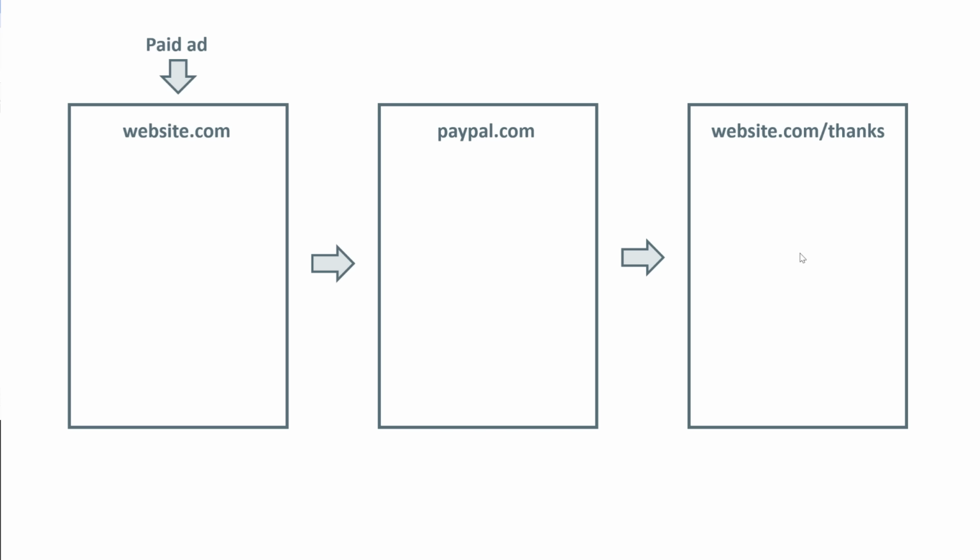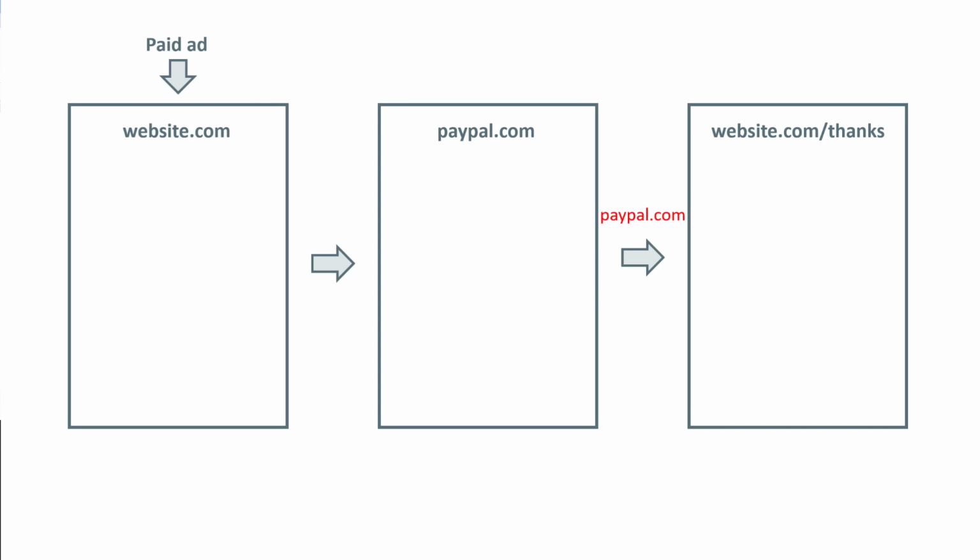By default, in this kind of situation, Google Analytics 4 will start a new session and the traffic source will be paypal.com. But if you don't want that, then you can include paypal.com as an unwanted referral in Google Analytics 4.